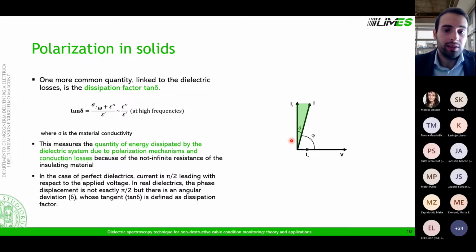It is also directly related to the energy dissipated by the dielectric system due to both polarization mechanisms and conduction losses, because insulating materials are not perfect, so we have a non-infinite resistance.